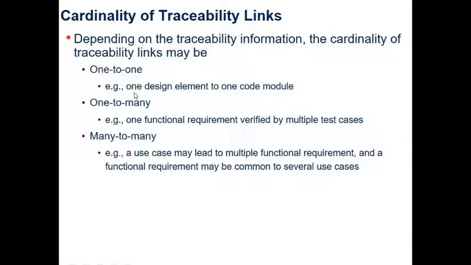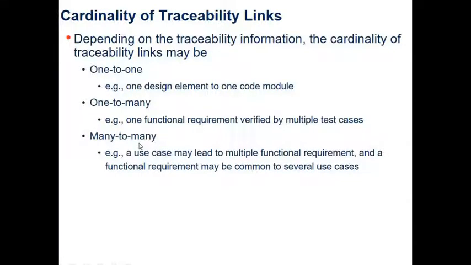One-to-one would mean, for example, one design element to one code module. One-to-many would be, for example, one functional requirement verified by multiple test cases. Okay, so that's an example of a one-to-many traceability link.